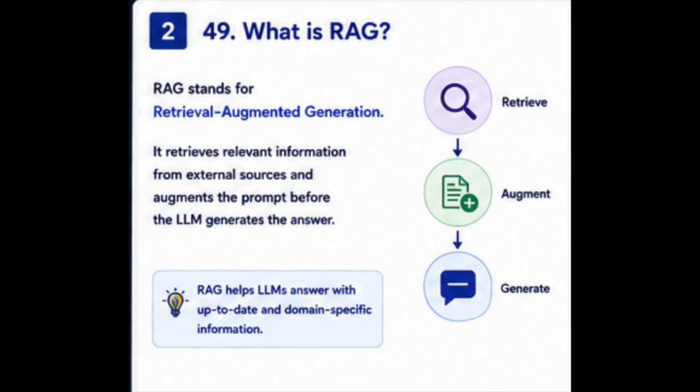These documents are never part of the LLM's training. Without RAG, the model cannot answer questions about those documents. With RAG, the application first searches the company's documents, retrieves the relevant ones, and then sends them along with the user's question. This makes the answer more accurate and based on company specific information.